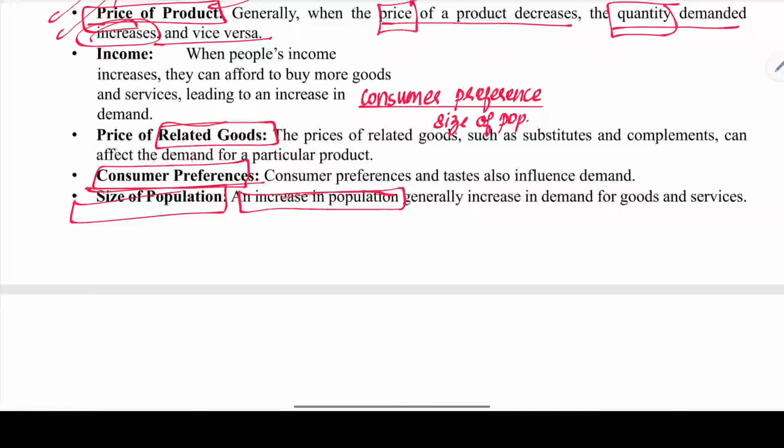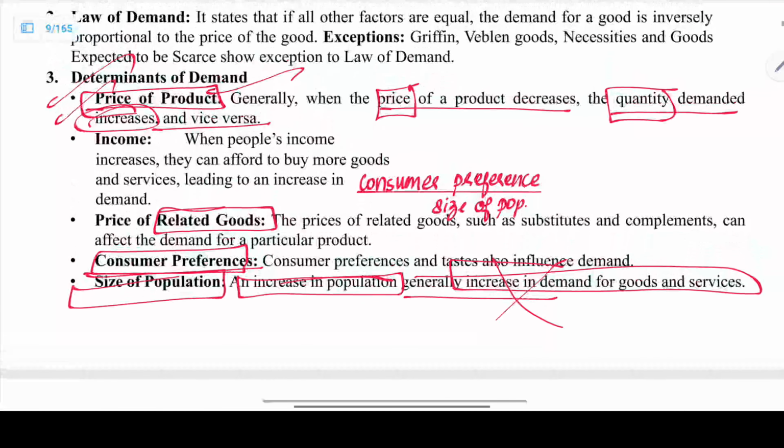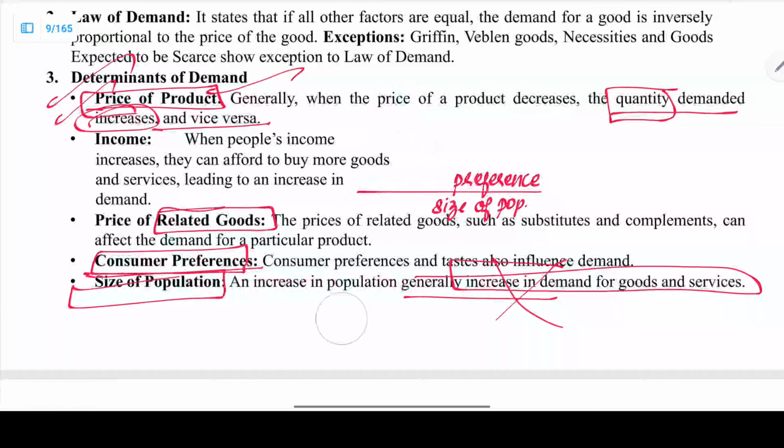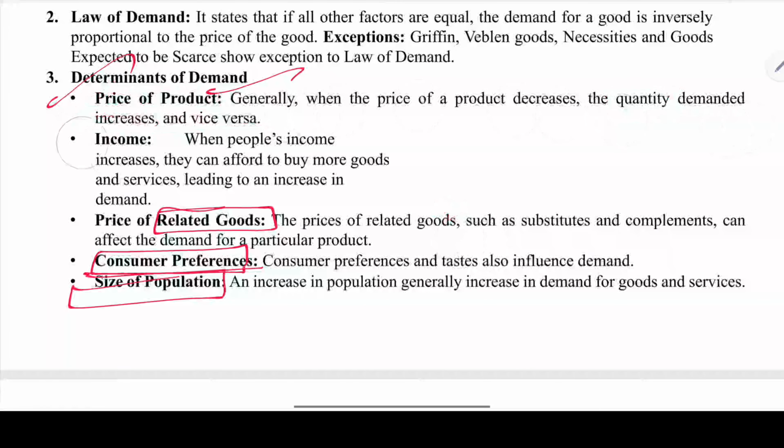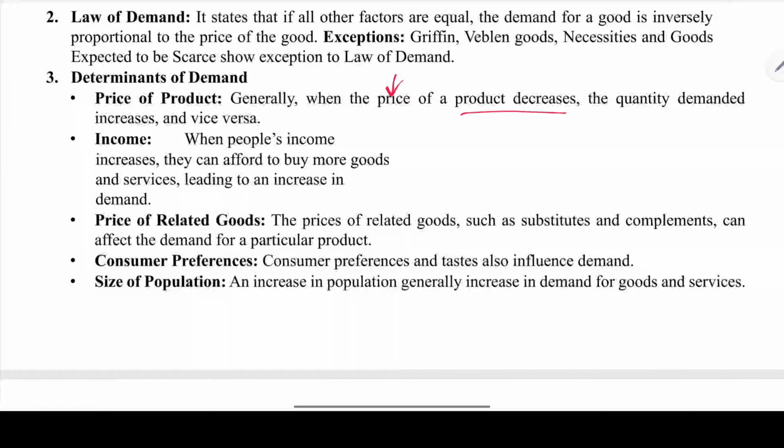When the population increases, the demand will increase, so this curve does not apply here. We are keeping all the other factors constant. When the price falls, the demand increases. When the price of the product decreases, the quantity demanded increases. This is what we have seen in the law of demand, and vice versa.